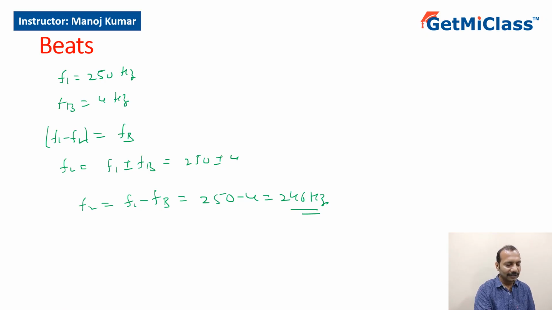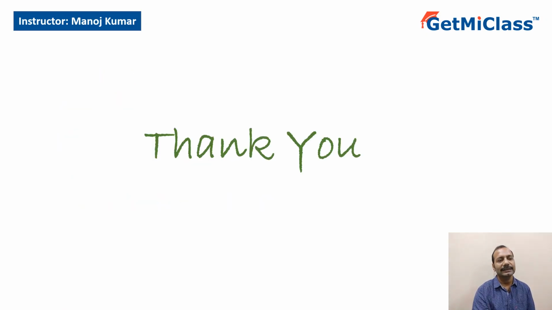So this is what there is in beats, and the Doppler effect. Let's have a quick review of what we have done. We have seen what the Doppler effect is: the apparent change in frequency due to relative motion between source and observer. There is a master formula of the Doppler effect, and we just need to check whether the motion of the observer or source or both is resulting in the separation decreasing or increasing.